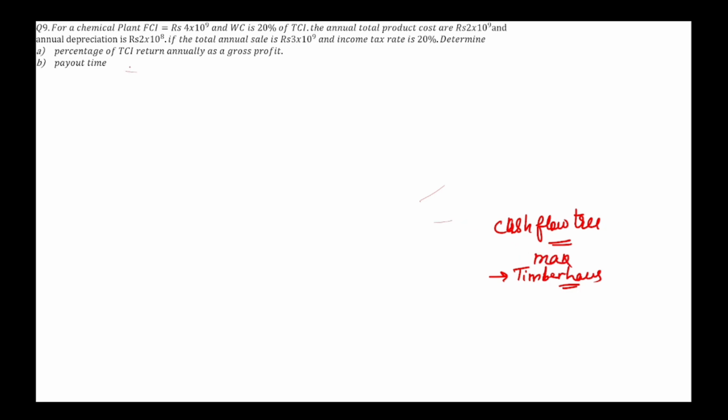Okay, so for a chemical plant, the fixed capital investment is this. So FCI is equal to rupees 4 into 10 to the power 9, and working capital is equal to 20% of the TCI. We know that TCI is equal to FCI plus WC.